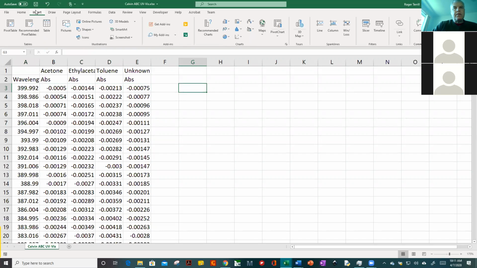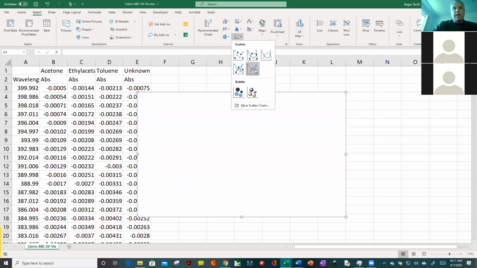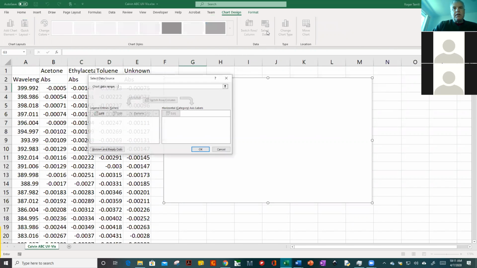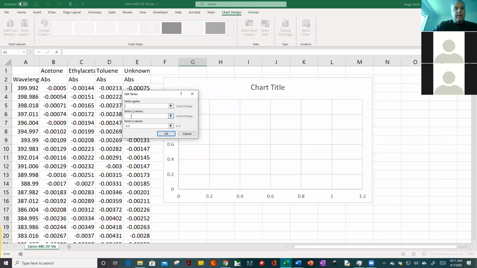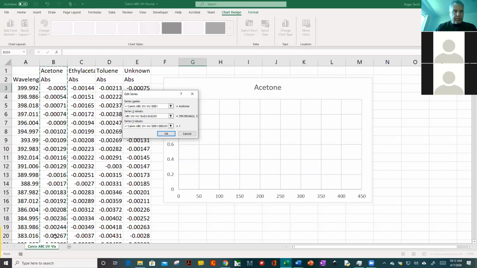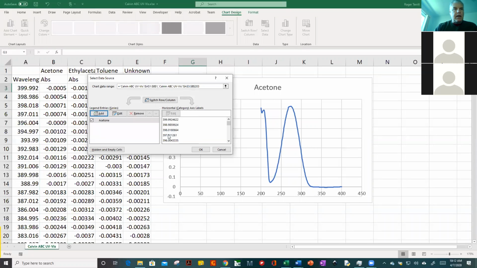So I'm going to insert chart, scatter straight lines, select the data, add, series name, the acetone, X values will be here, and Y values will be here. Okay. Let's see how that looks. So there's the acetone spectrum showing up.